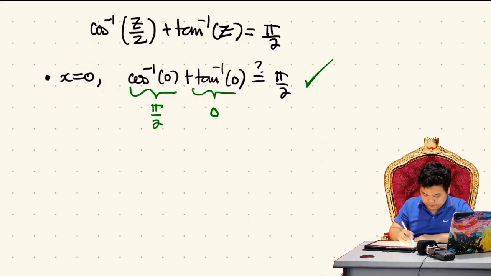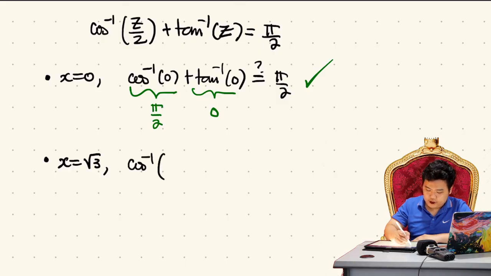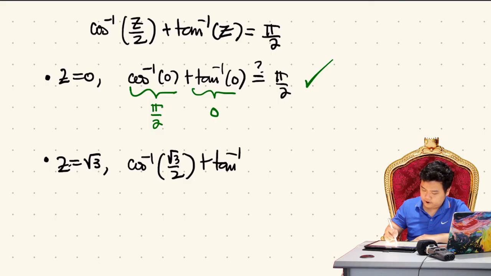Okay, next. Next candidate is z equal to square root of 3. So maging cosine inverse. Bakit x? It should be z. Okay. So when z is square root of 3, we get cosine inverse of square root of 3 over 2 plus tangent inverse square root of 3.